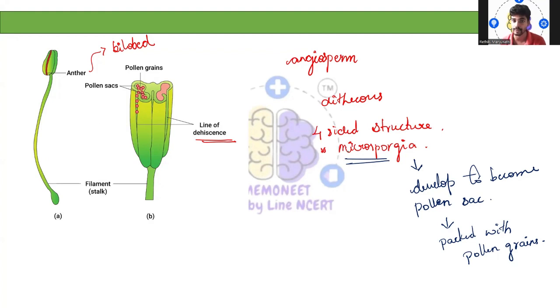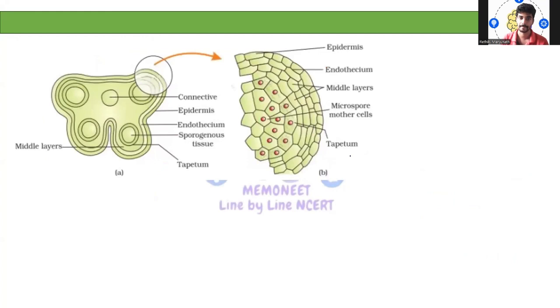Now another very important thing is you will come to know the structure of the microsporangium. That is, I'm talking about microsporangia, right? So how exactly does the structure look? When talking about the structure of this microsporangium, when you take a transverse section of it, it appears nearly circular in outline.